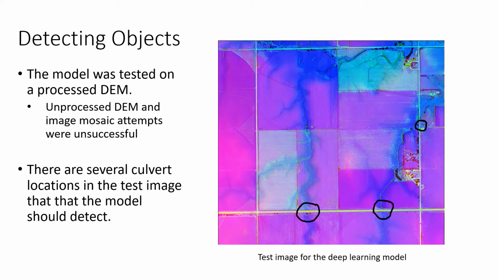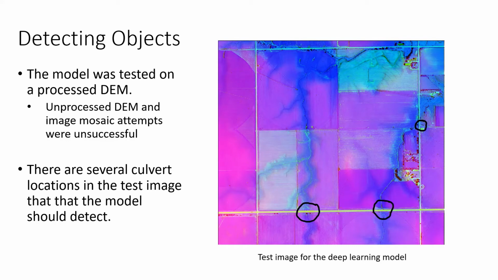So like I said earlier, the model was trained with about 100 image samples, and I processed a DEM to use as the test image for the model to identify culvert locations. I did try this on an unprocessed DEM and an image mosaic of culvert location image samples. However, both of those were unsuccessful, so I had to process this test image in the same way that each image sample was processed.